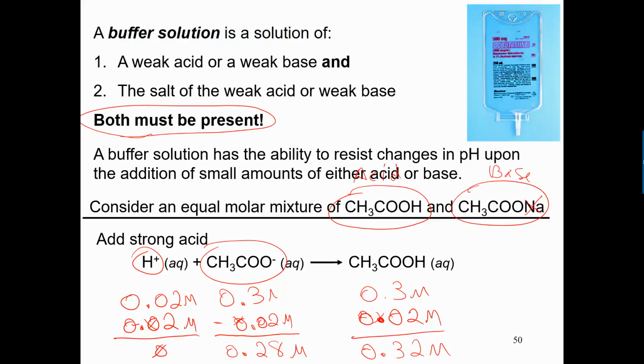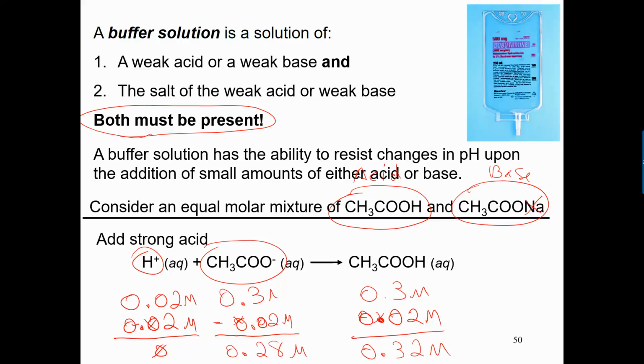Okay, now I have two new concentrations. The H plus has been depleted because it reacted with this, and it depleted 0.02 molar of this down to 0.28 molar, and because of equilibrium, it increases the concentration of this.